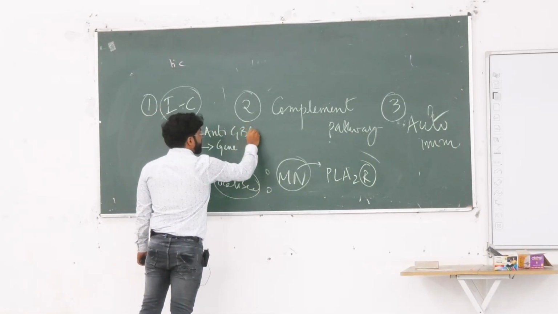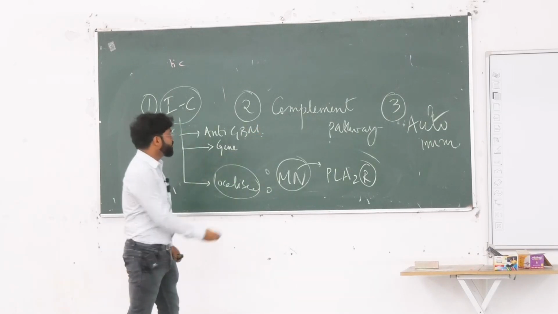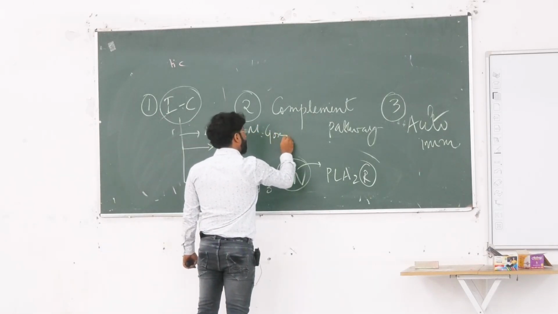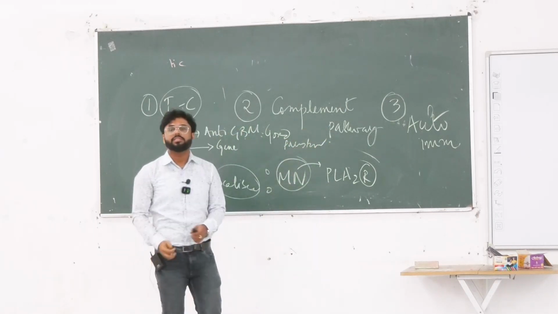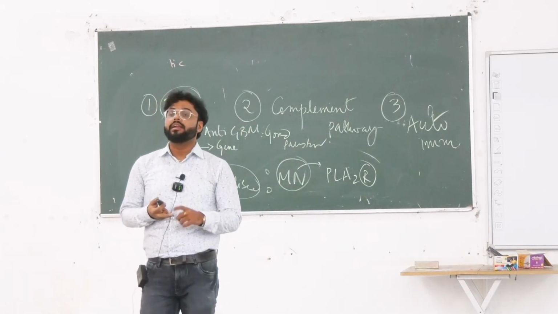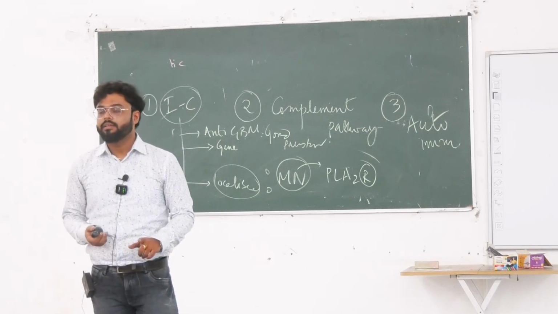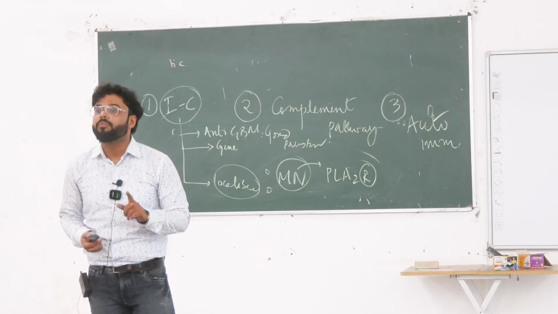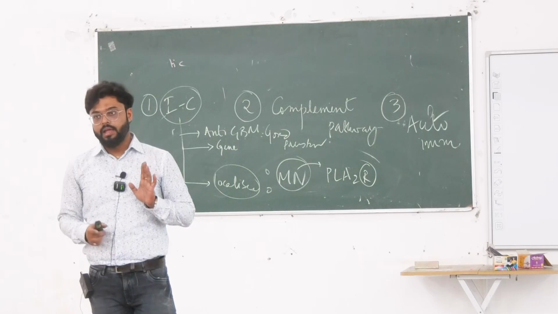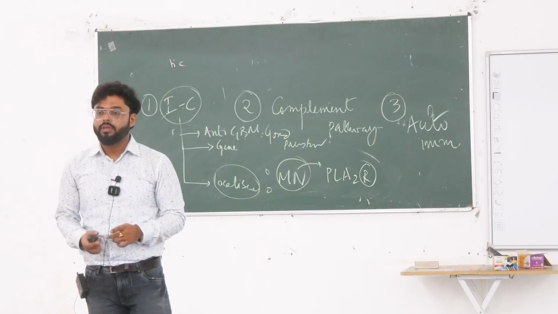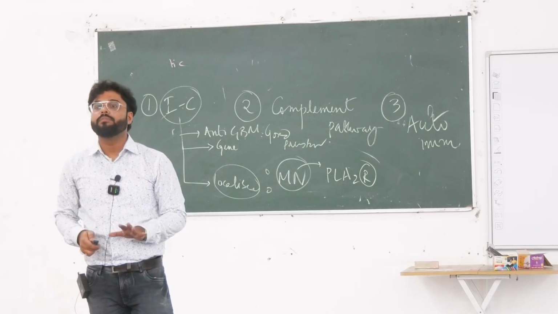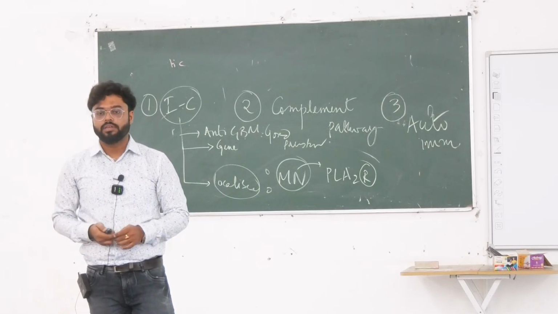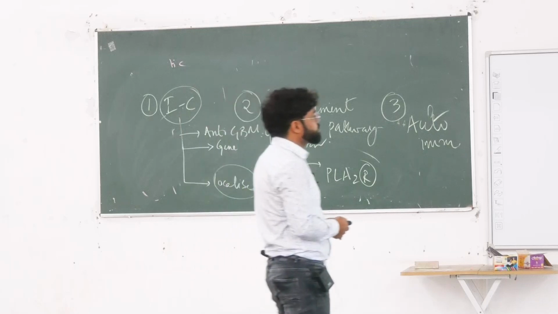In case of Goodpasture syndrome, কি হচ্ছে antibodies are reacting against the antigen present in the glomerular basement membrane and this deposition in the basement membrane কি হবে তো, পুরোটাই তো linear হবে, that deposition will be a linear type of deposition. So anti-GBM disease.